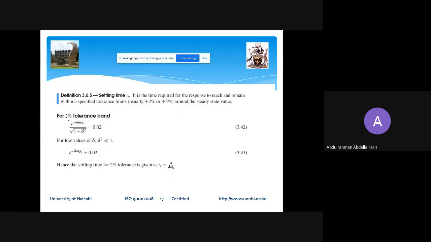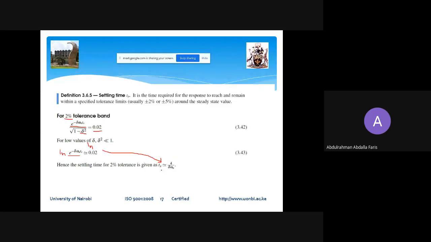So it is given by this. For 2%, you have 0.02, and when we assume that delta is very, very small, then this value will just be 1. Once we have that, we have the numerator equal to 0.02, taking ln on both sides, we arrive at settling time equals 4 over delta omega n.